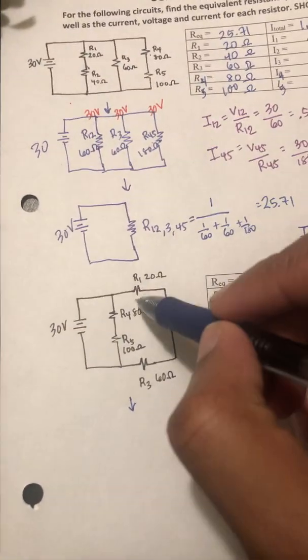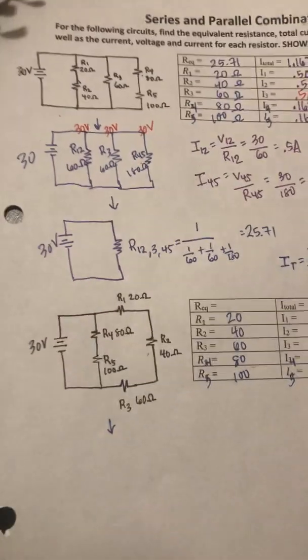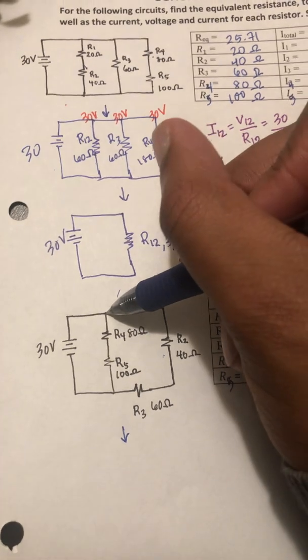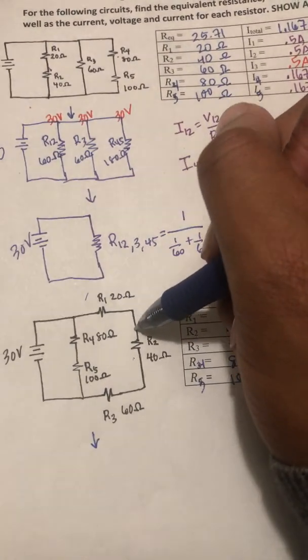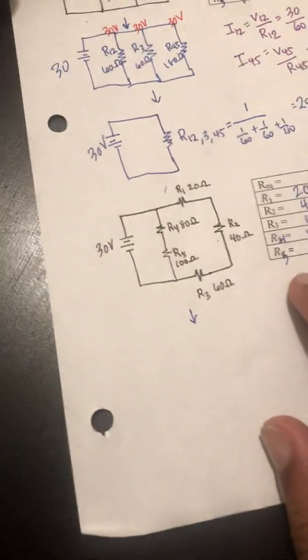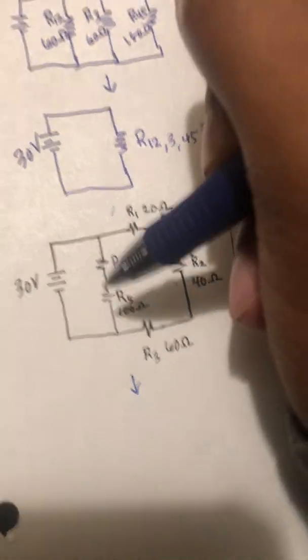First thing I want to do is add R1, R2, and R3 because they're in series. We know they're in series because if we look, they're on the same exact wire. What goes through R1 will go through R2, will go through R3. And then R4 and R5 are in series because whatever goes through R4 will go through R5.